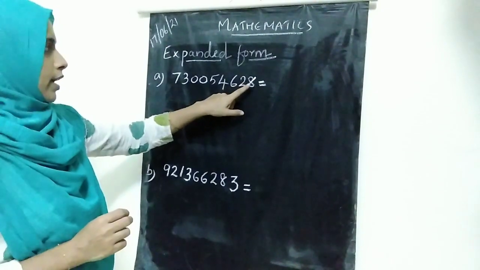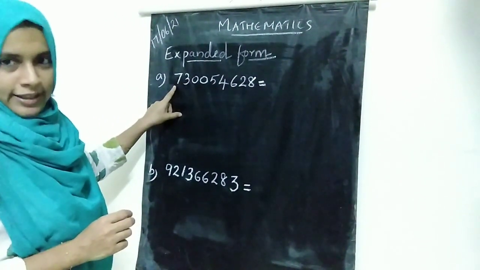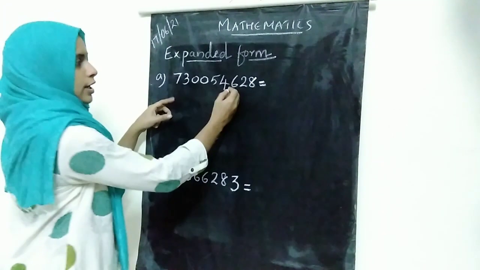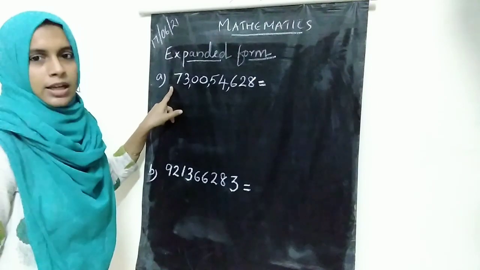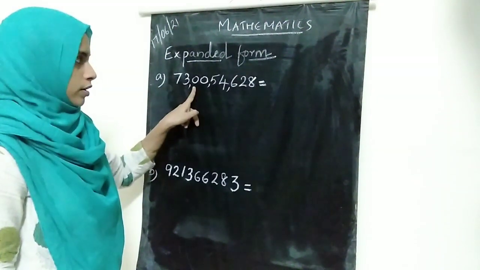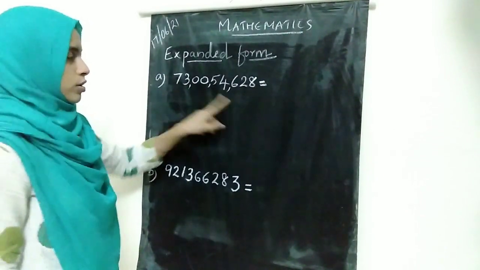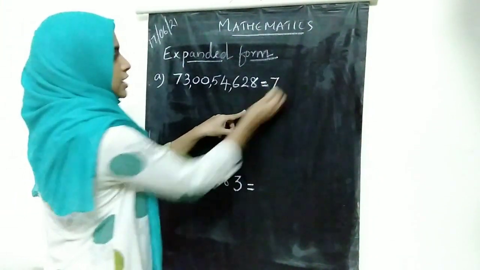Here, first of all you have to put commas, like that: 3 2 2. Now when you check the number, you can see that there is 73 crore. So how can I write expanded form? First you write 7.